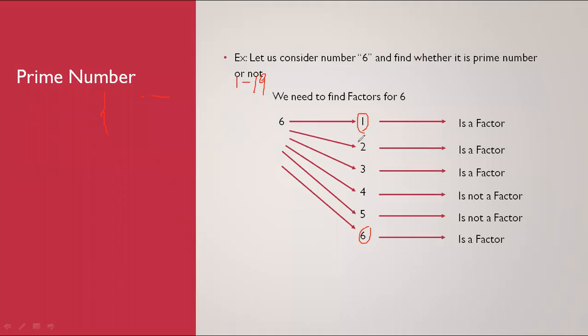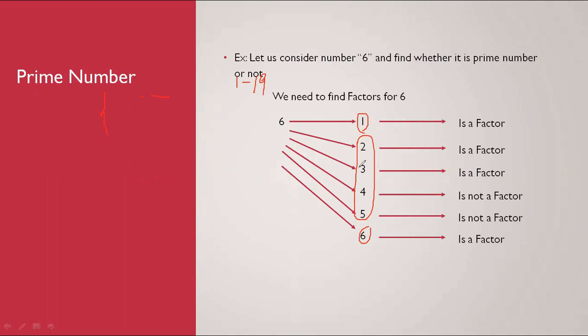In between, if you consider any number which is divisible, which means it leaves a remainder 0, then obviously, apart from 1 and itself, if any number is divisible, that is not a prime number.